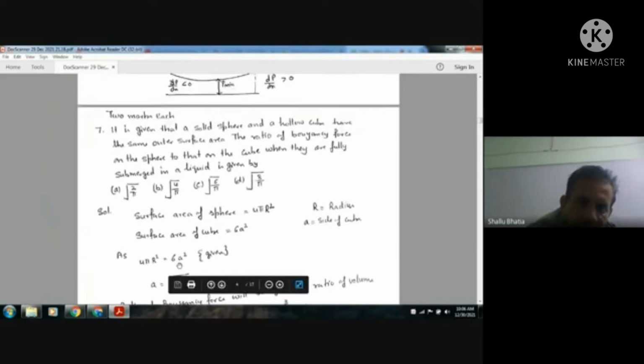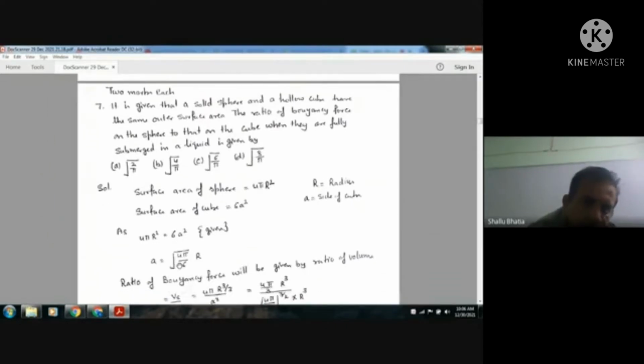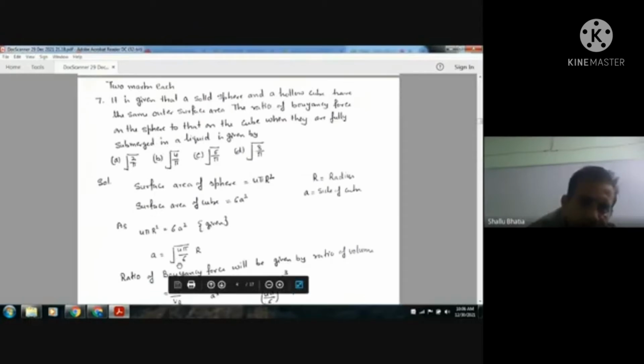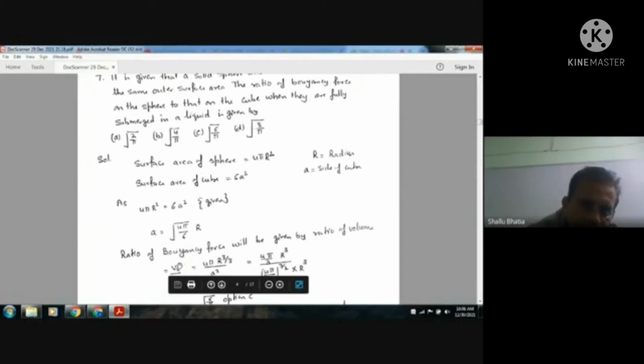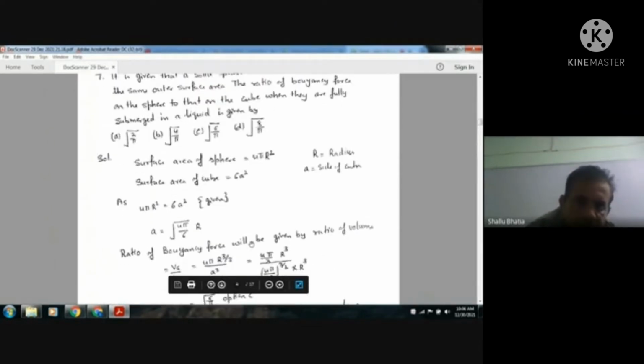So the buoyant force ratio is the ratio of the volume of the solid sphere to the volume of the hollow cube. The relationship between a and r is given, so this is your 6 by pi root. So option C is the right answer.